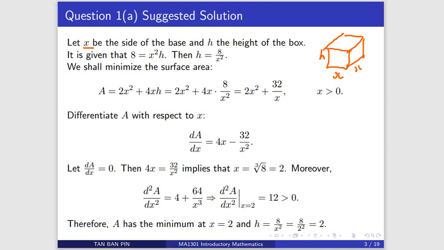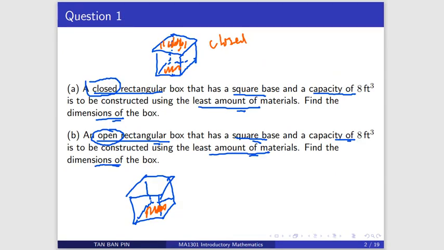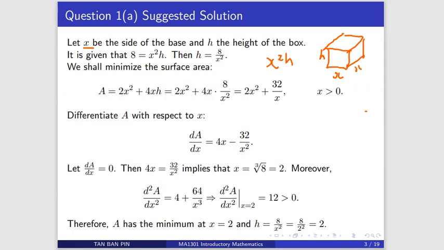With that, you can calculate the volume. Volume is just base area times height, so it's x squared h, and you're given the capacity is 8. So you just need to equate x squared h with 8, and you can make h the subject. h is just 8 over x squared.